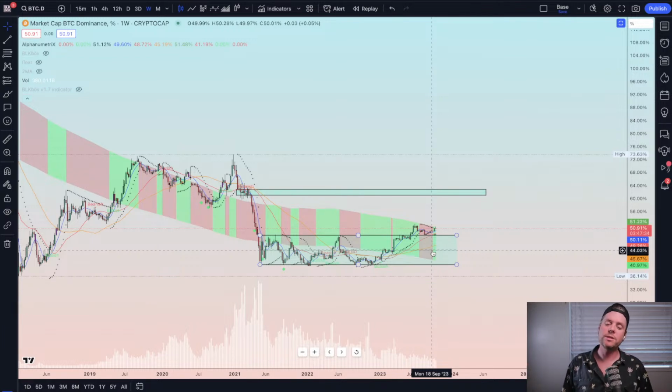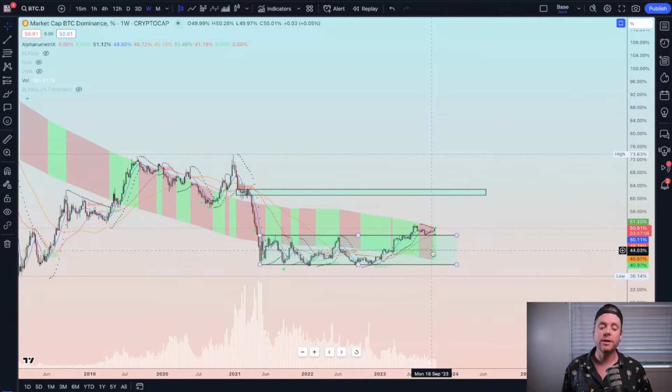News is what retail uses to make decisions. It's not what investors use to make decisions. Investors look at the cold hard facts. If you're a stock investor, you're looking at the fundamentals, you're looking at earnings, you're looking at whether that stock is overvalued or undervalued. And when you're looking at the price cycles of the cryptocurrency market, it's a lot more nuanced because nobody can really price this stuff.